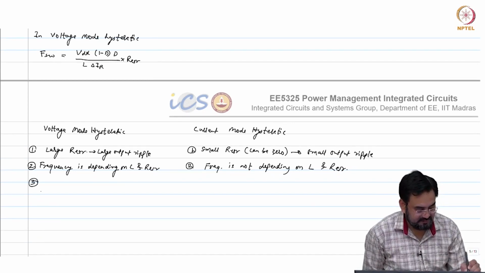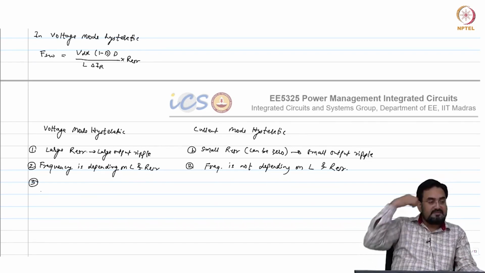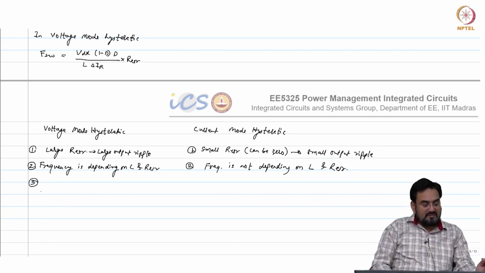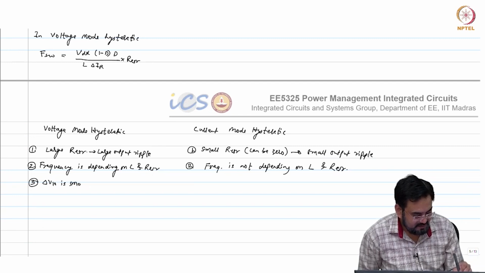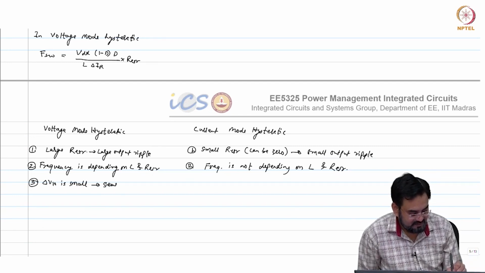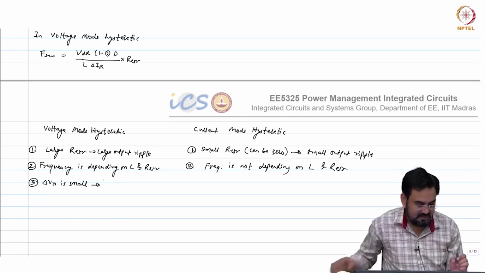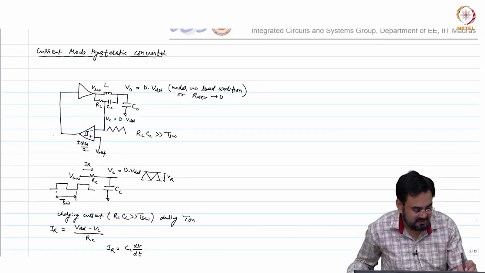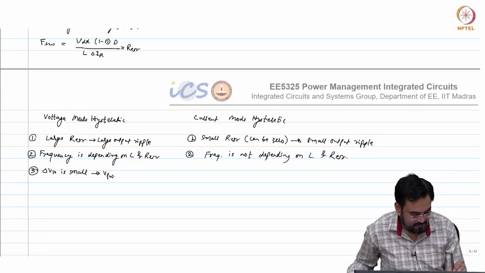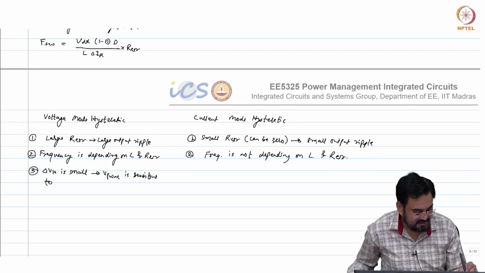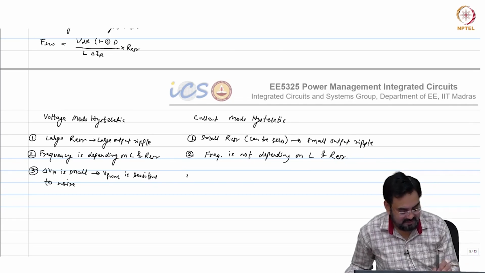What else? What about the noise sensitivity? So delta VH is small, which means if I call VP, it is sensitive to noise.